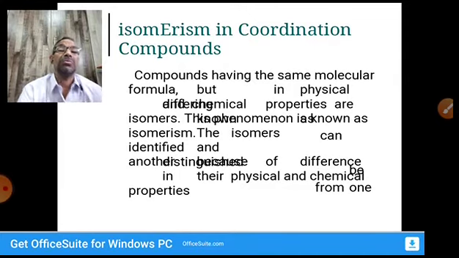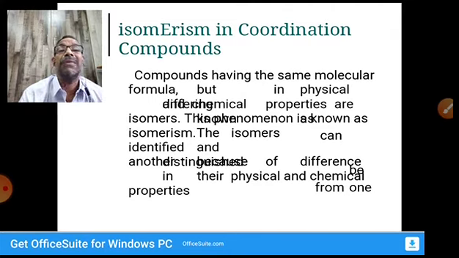So what is isomerism? We know from organic chemistry or previous classes that we defined isomerism. There are some compounds which have the same molecular formula, but they differ in properties, maybe chemical or physical, some optical, whatever it may be.